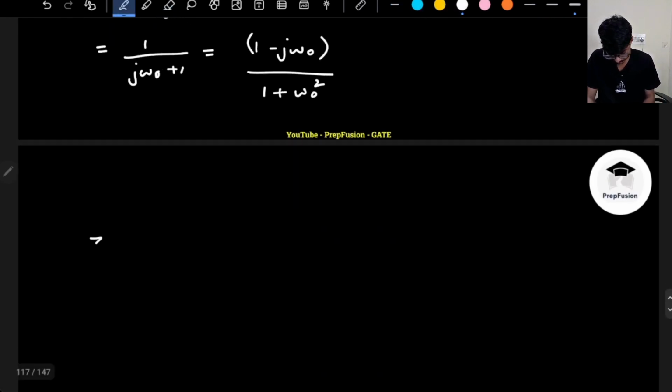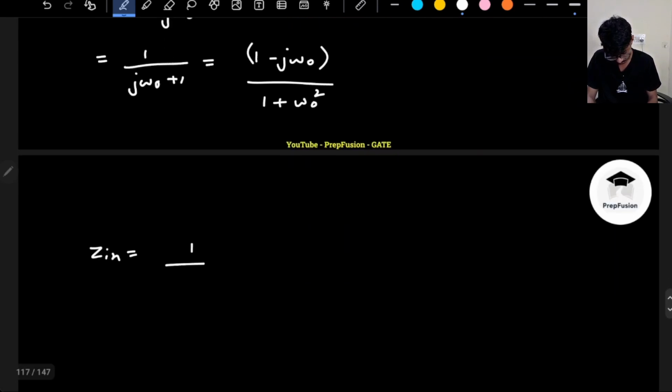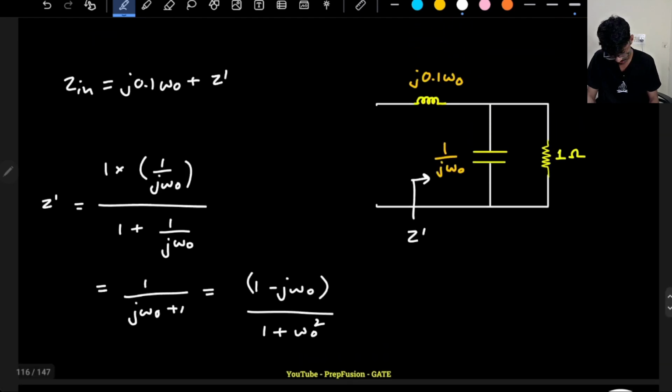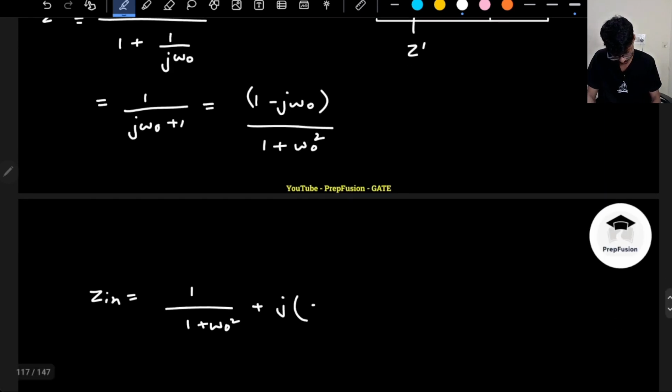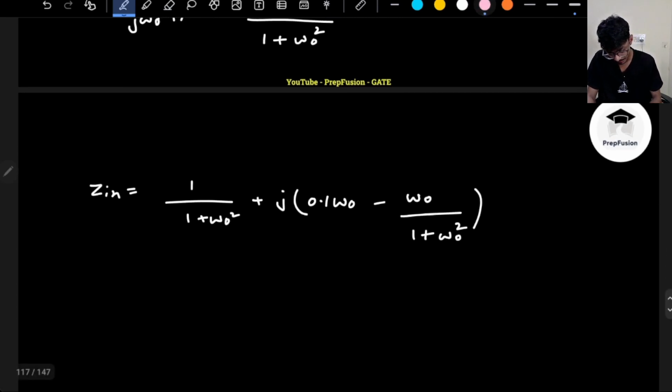So my Z in will be equal to, I don't care about the real part, the imaginary part, which is j into 0.1 omega naught minus, this is the negative imaginary part, right, omega naught divided by 1 plus omega naught whole square. Ultimately the imaginary part of the input impedance has to be 0 for it to be in resonance, correct?